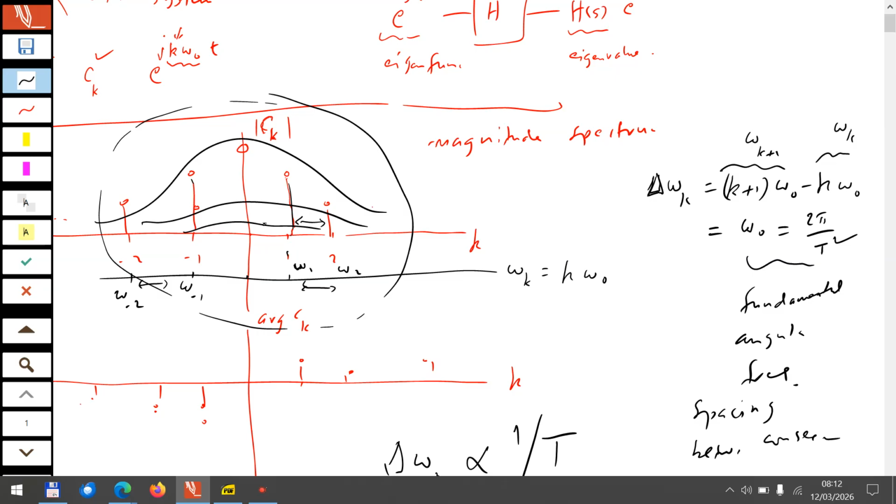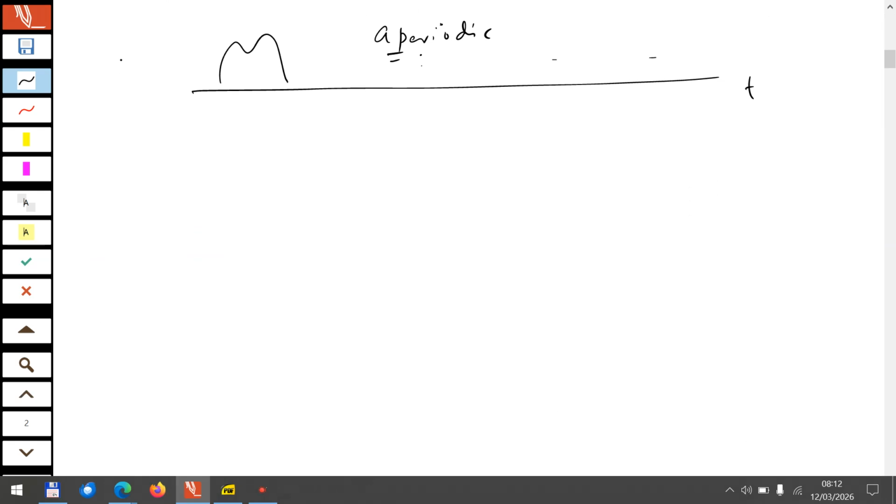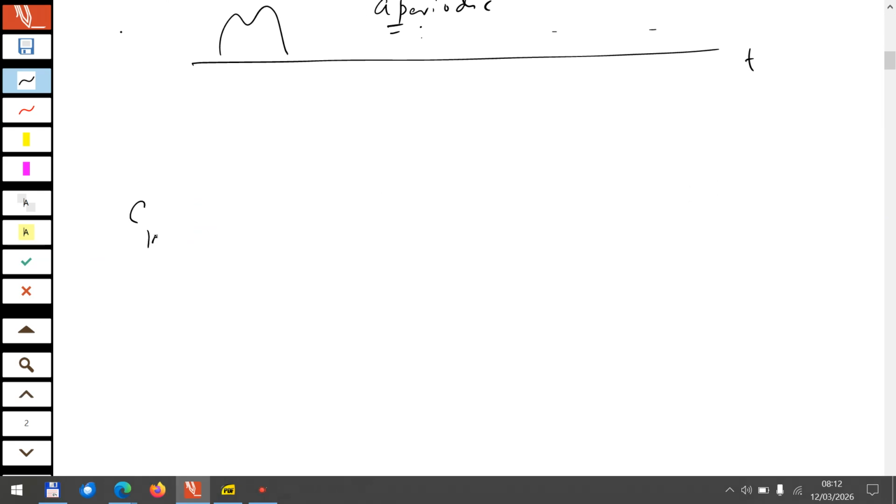So now we need to look at another equation. We only looked at frequency, right? So now we need to look at another thing. How was Ck calculated? If you recall the formula, it was 1 over T, and then you integrate over just one period, x of t exponential of minus j k omega naught t, dt, right?